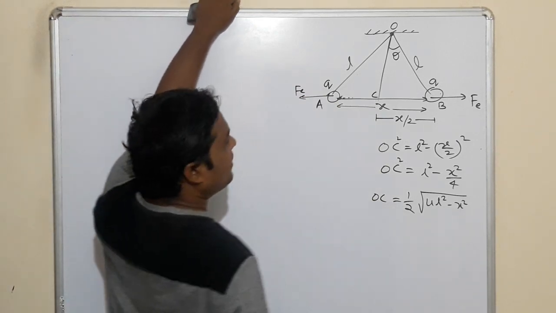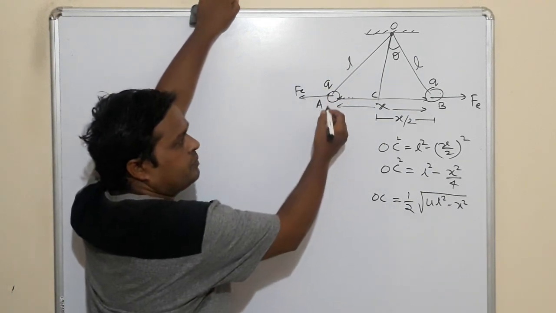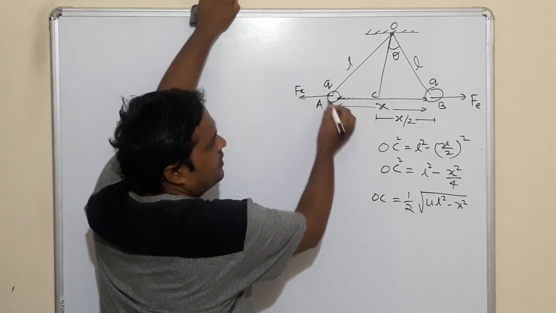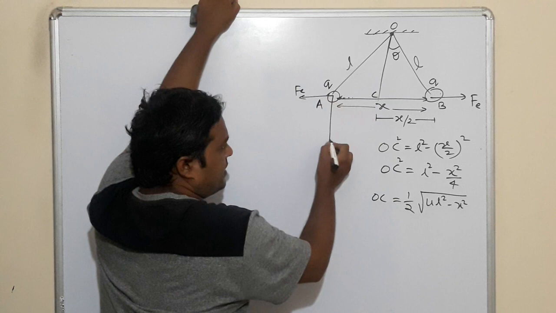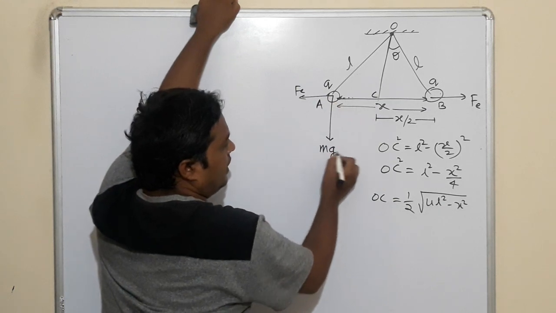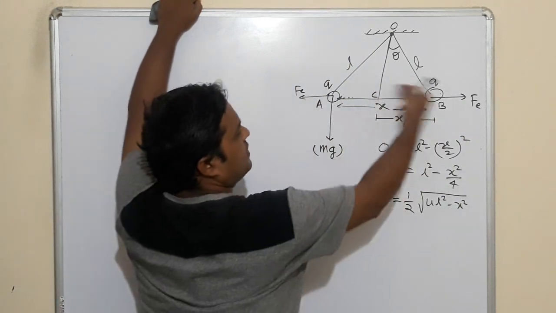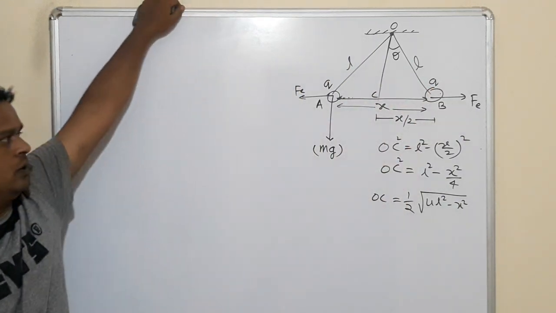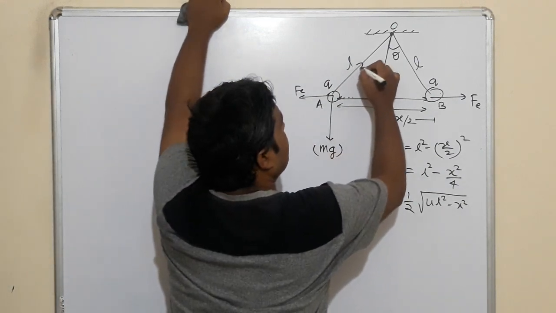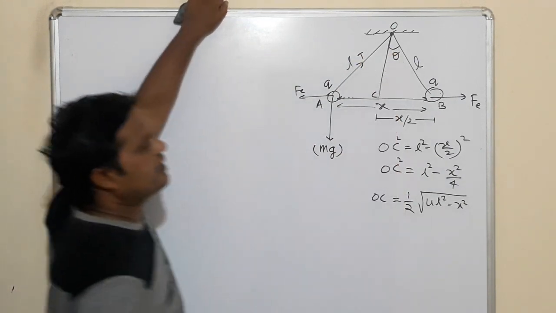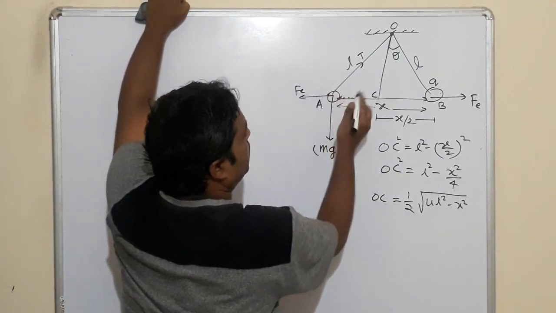Then what are the other forces acting on the sphere? See, I will write all the forces acting on this sphere. That side also you can write. What is this? mg, weight of the sphere. This is electrostatic force exerted by this charge. Followed? Understanding the situation? Then this is tension in the string, which can be again resolved into two components.